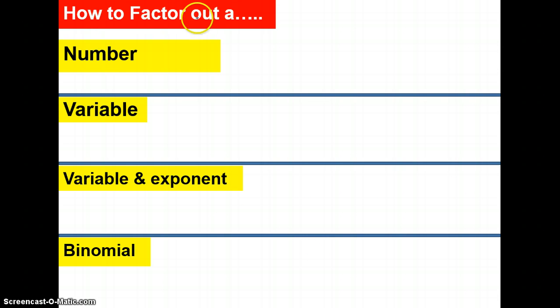I'm going to show you how to factor out a number, a variable and an exponent, and a binomial today, before we go into more complicated factoring. So let's say I had 12x plus 3. What factor, what number or multiple, goes and divides into 12 and 3? 3.